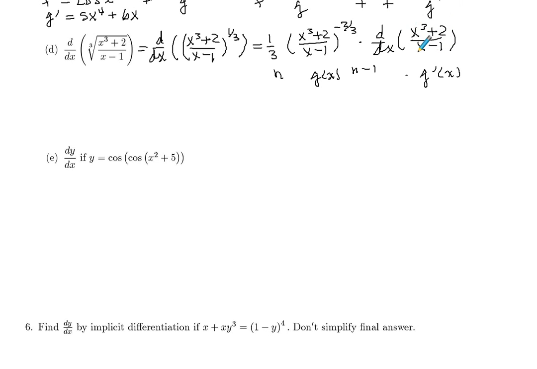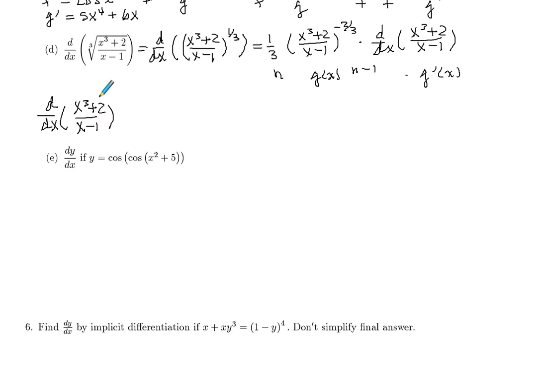Now, to do the derivative of the inside function, this part here, we have to do a quotient rule. I see a quotient of two functions here. So let's do that down here, and then we'll go ahead and plug it in. The derivative with respect to x of (x cubed plus 2) over (x minus 1).